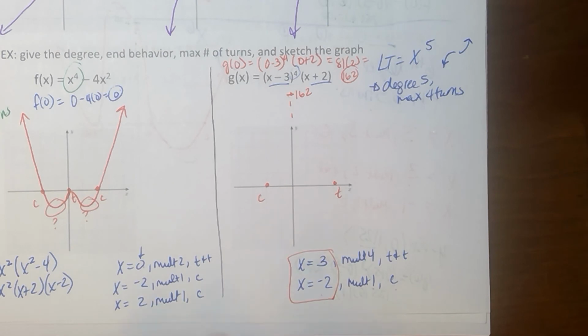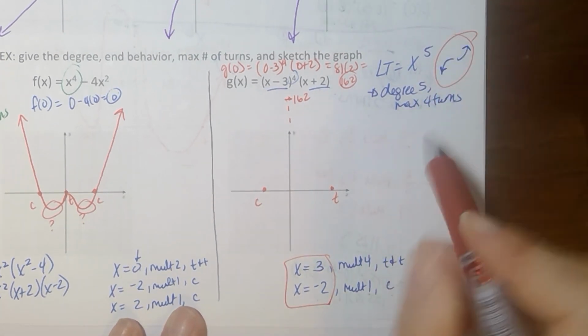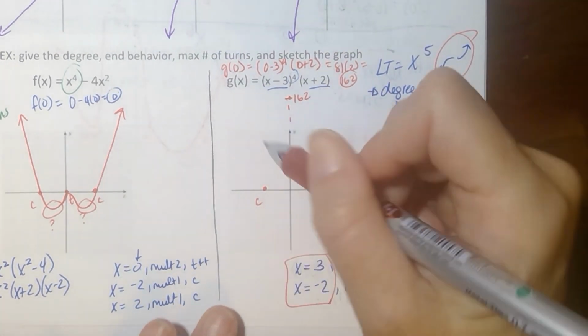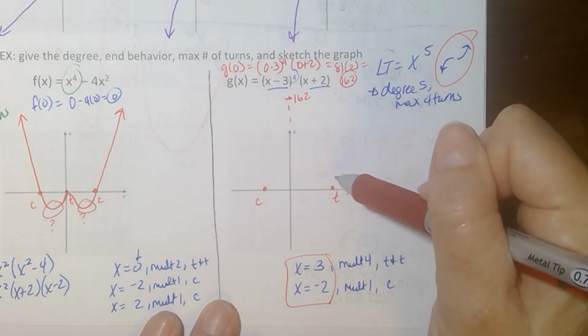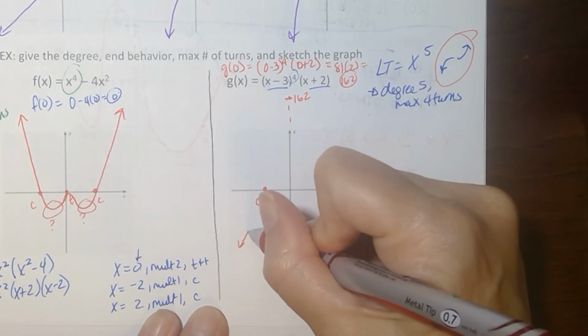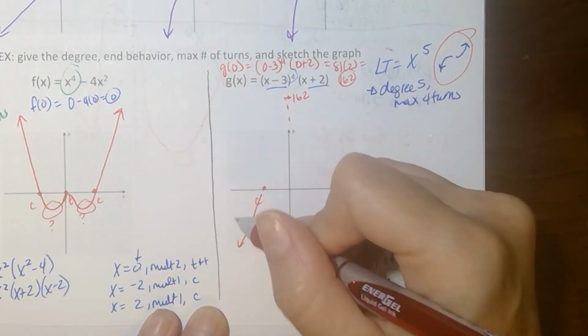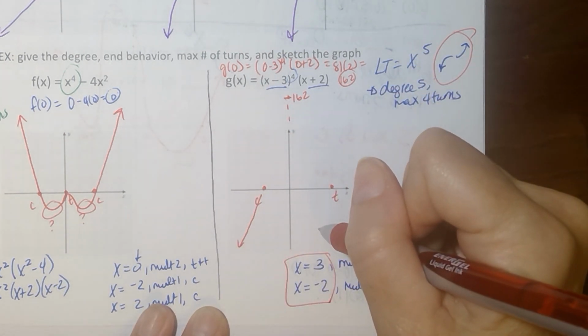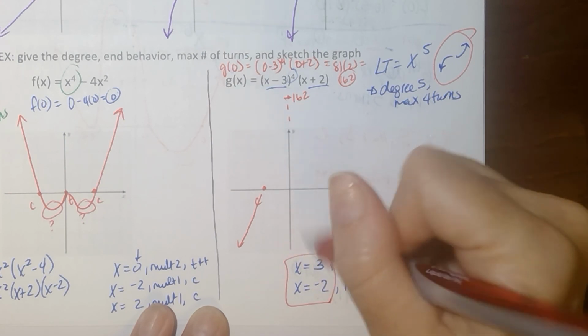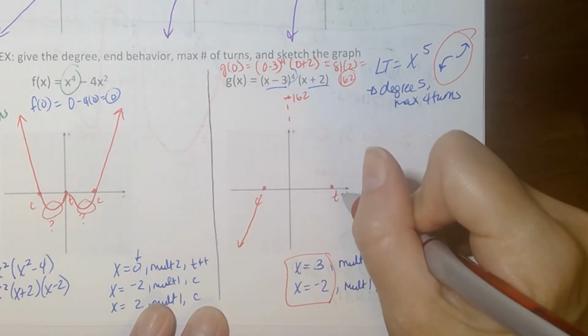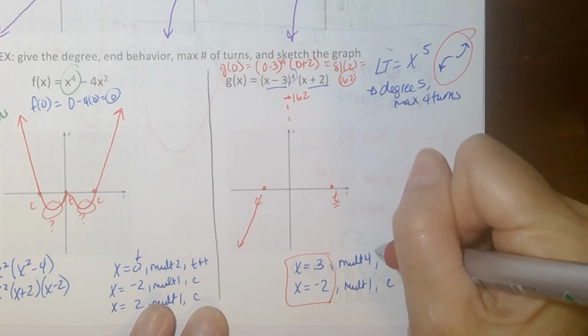Where do I start? Well, look to your end behavior. Start low, finish high. Make sure you do everything in the middle that we said. If I start low, I'm going to cross. Multiplicity 1 here. Over here, I'm going to do multiplicity 4, but I need to slow down, right?